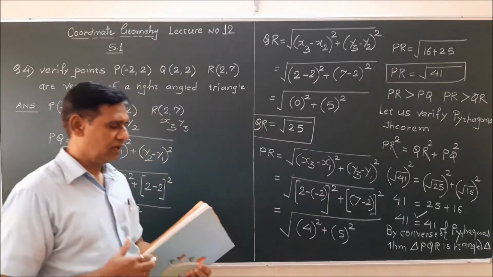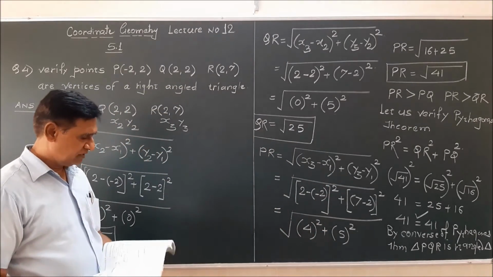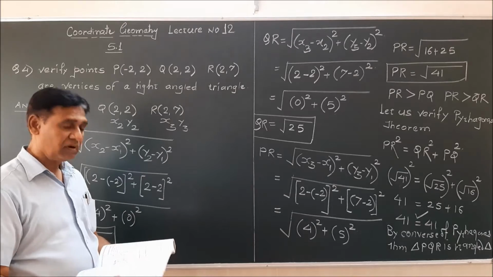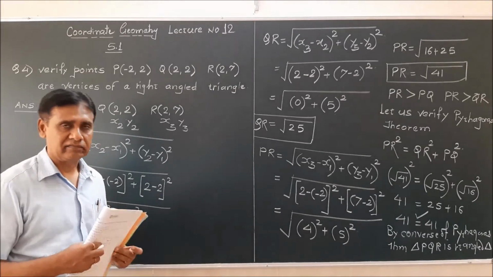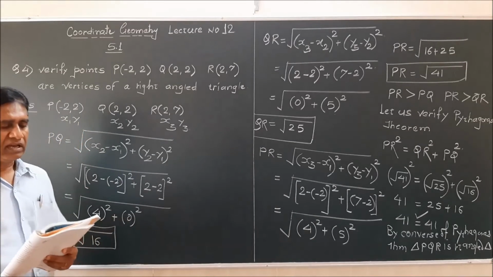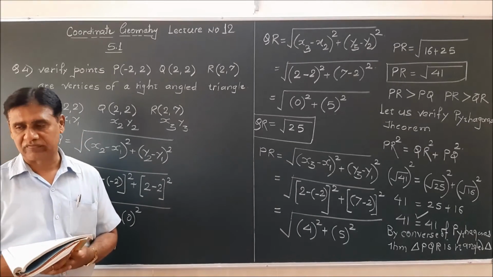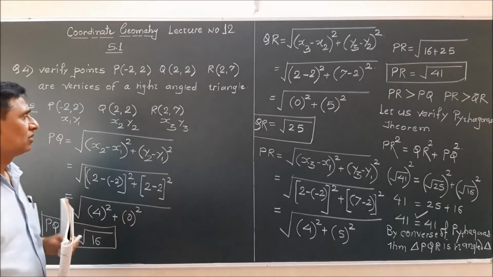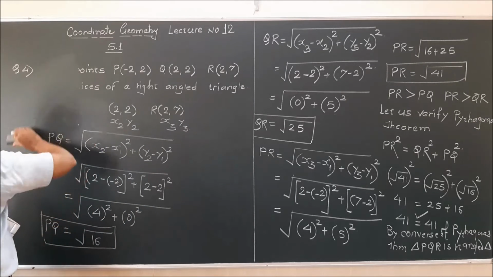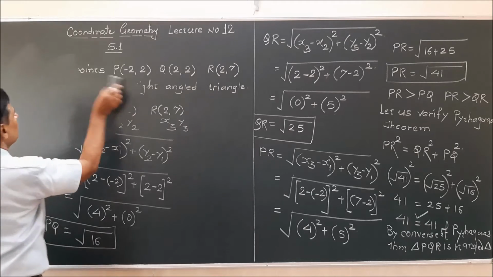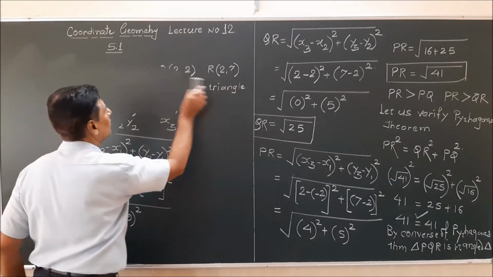Now let's do the next sum. Our next sum is question number 5. In this question number 5, what do they ask us to find out? They ask us to verify that the given quadrilateral is a parallelogram.